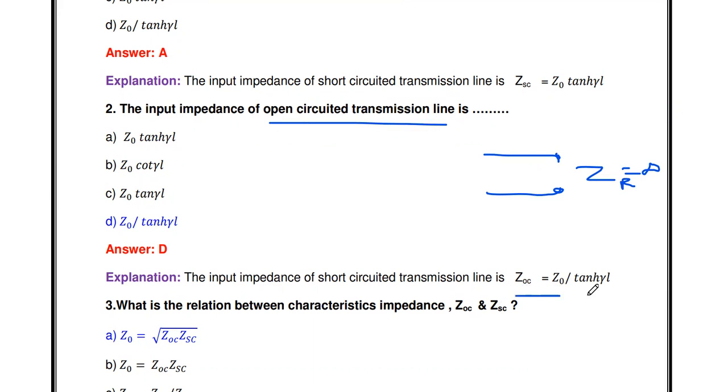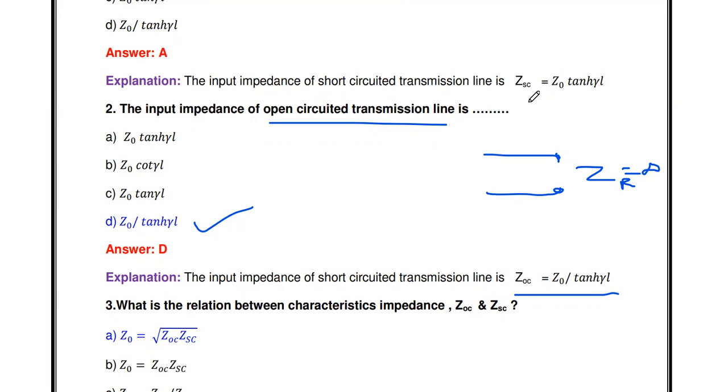The answer is ZOC equals Z naught divided by tanh eta L, or sometimes 1 divided by tanh is written as coth, so Z naught coth eta L. But here cot eta L is given, so that is not correct. Z naught divided by tanh eta L is the answer.